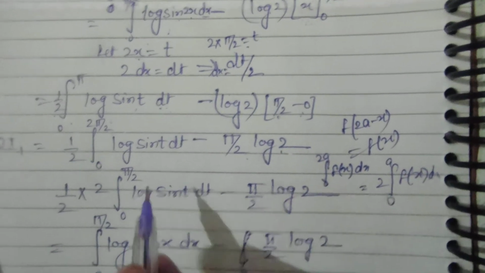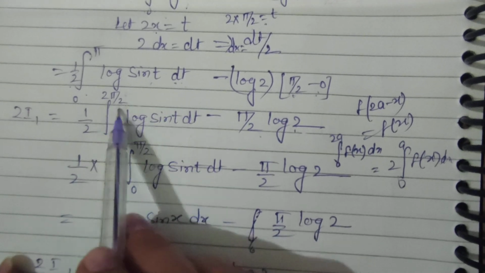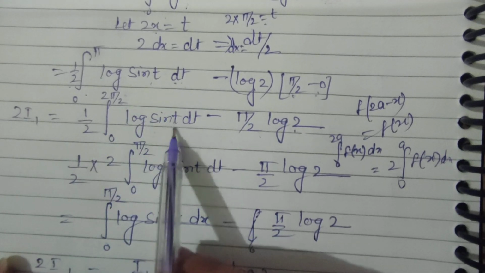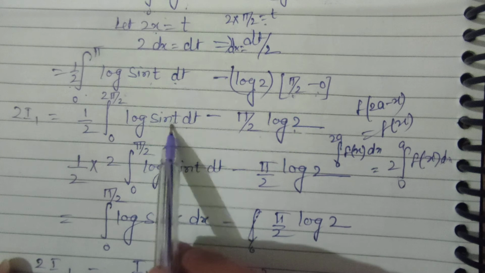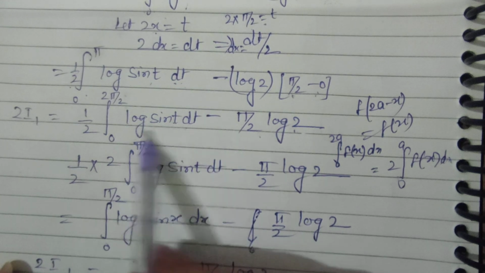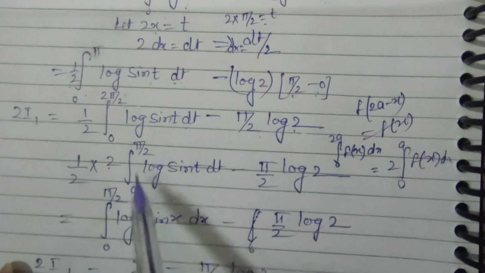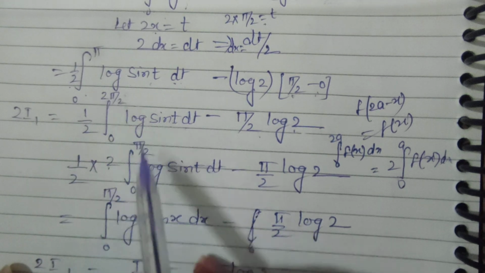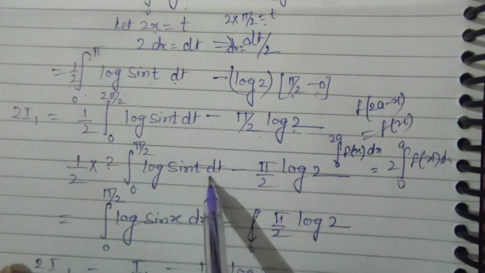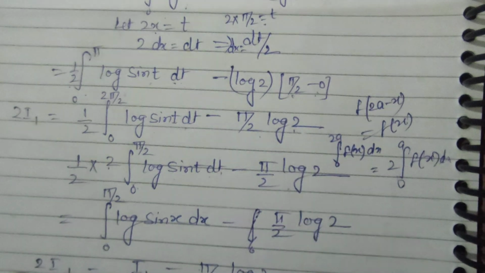Same here: if we put 2 pi by 2 minus t at the place of t, it will be the same log sin t. Then the 2 comes in front, limit is 0 to pi by 2, that is 0 to a, log sin t. This part is as it is.